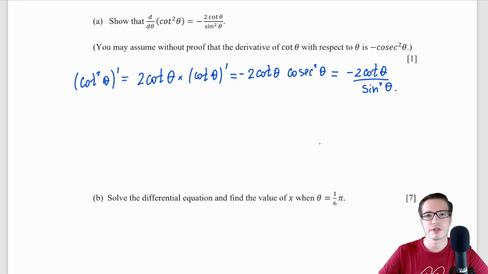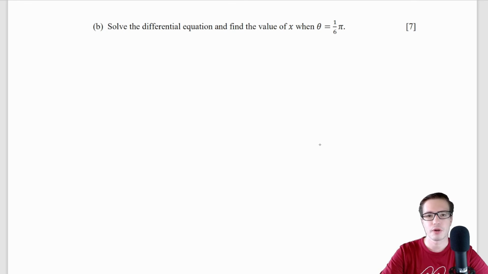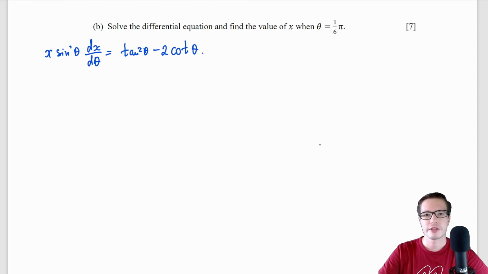And now it's time to solve the differential equation. Let me copy the equation first. And for that, we're going to use a technique called variable separation. If you're not sure what it is, have a look at another video explaining this technique.